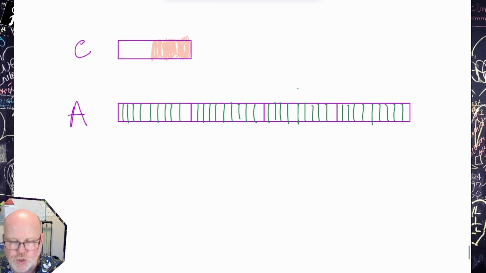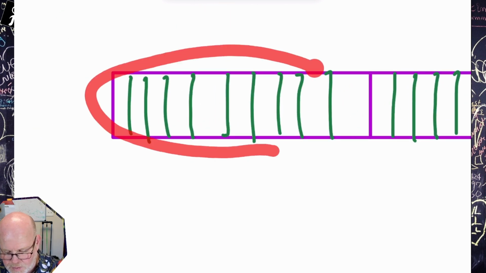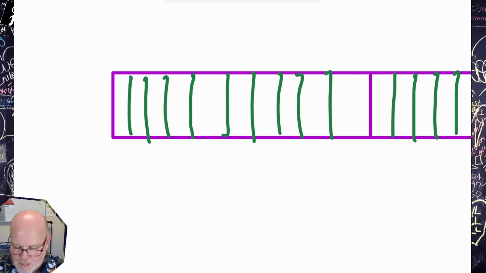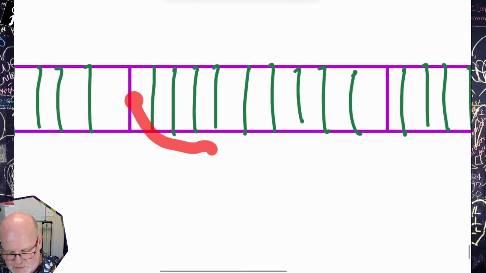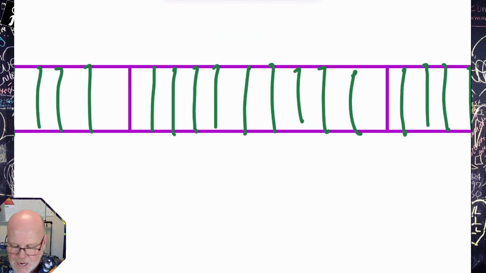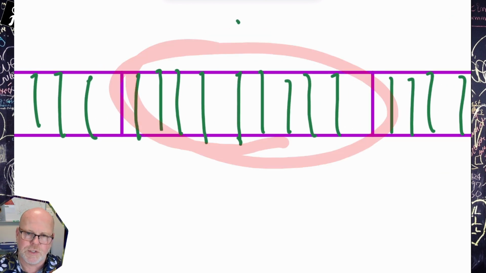And then to reduce 30% for the adults, what that means is out of these 10 units right here, the adults lose 3 of them. And out of these 10 units, the adults lose 3 of them. So for every 10 units, the adults lose 3 of them.